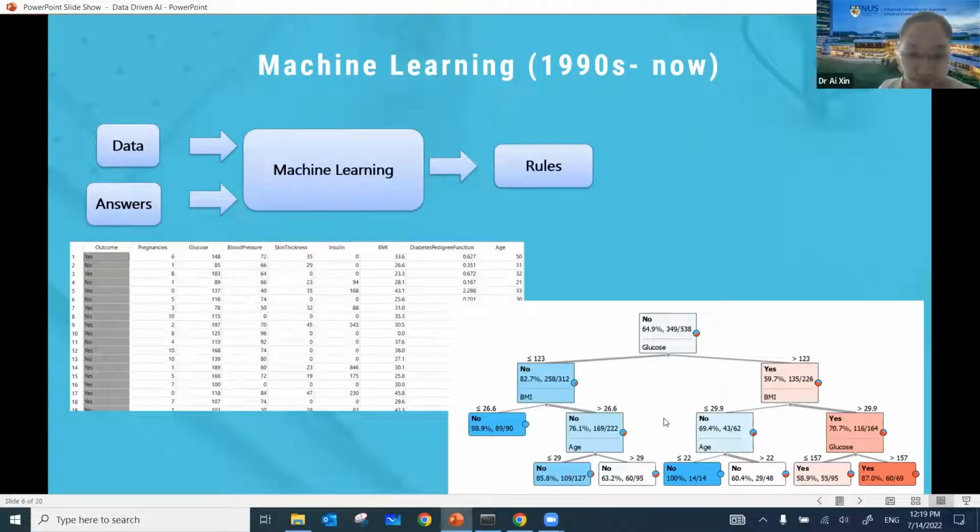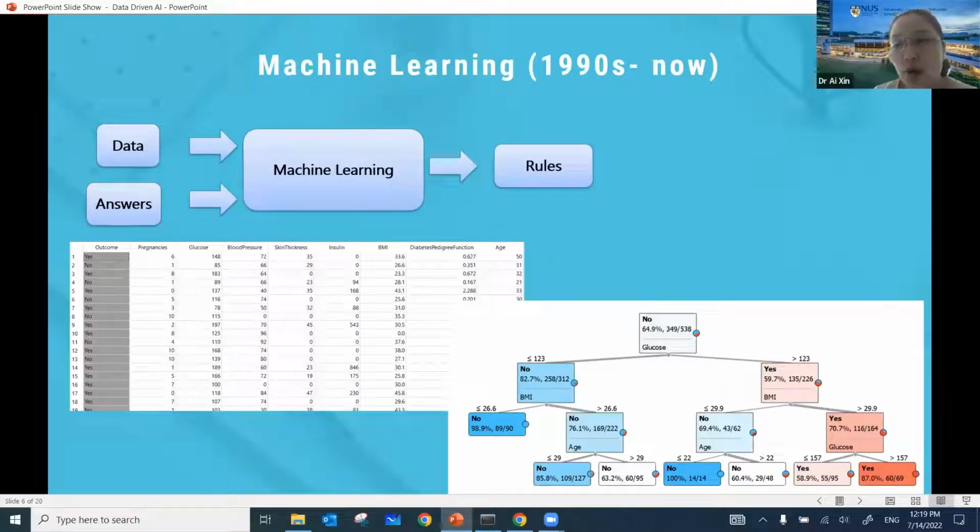So there are some pros and cons with a machine learning model. The biggest disadvantage is for certain models, like the neural network model, it's like a black box. There is very little transparency.